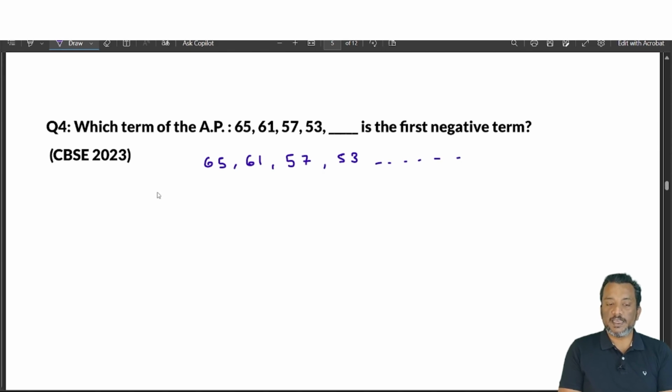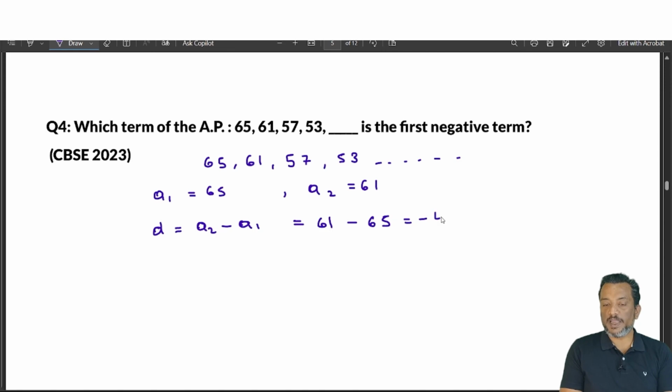So we can say a1 is equal to 65, and a2 is equal to 61. So d is equal to a2 minus a1, which means 61 minus 65. So d you will get minus 4. Hope this much is clear.